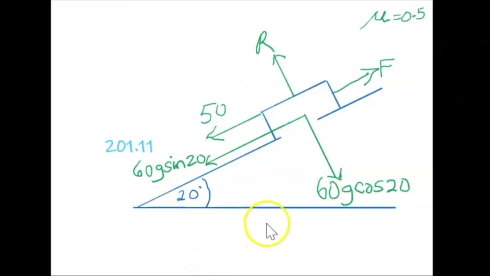Let's look at a new problem that is not on that question, but let's imagine that a force of 50 newtons was acting down the plane, so the object was being pulled down the plane, and we're going to say that the plane is now made rougher, so the coefficient of friction is 0.5.